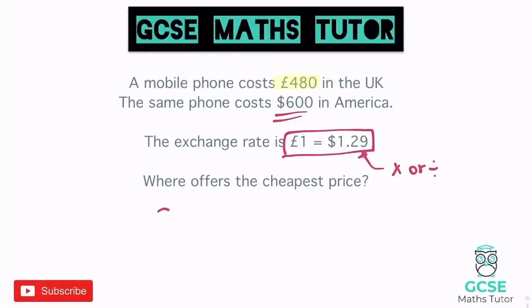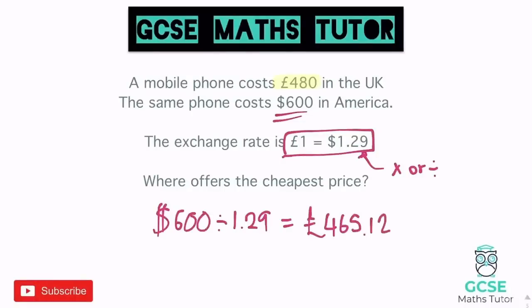So when we do convert back, we are going to divide. So it's going to be 600 divided by 1.29. And we'll do that on the calculator. 600 divided by 1.29 gives us, not a very nice number here, £465 and 12p to the nearest penny.